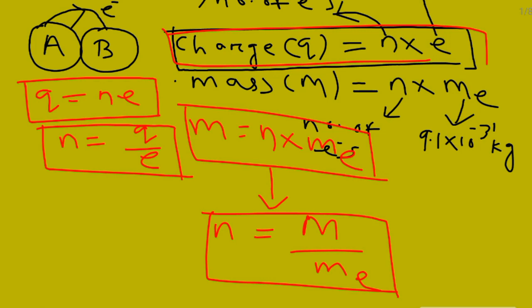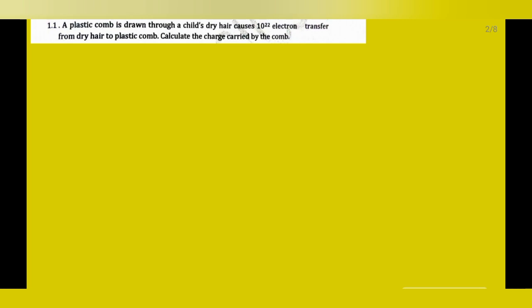Now we'll come to the first question. It was asking: a plastic comb is drawn through a child's dry hair, causing 10 to the power 22 electrons to transfer from dry hair to plastic comb. Calculate the charge carried by the comb. So solution.